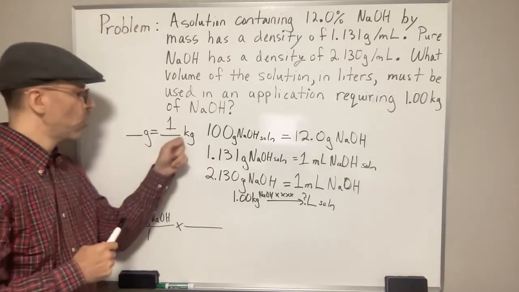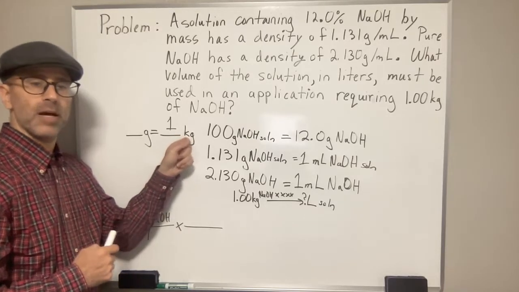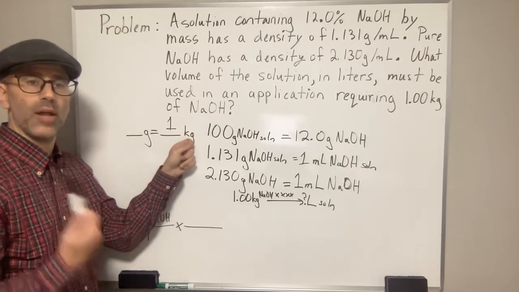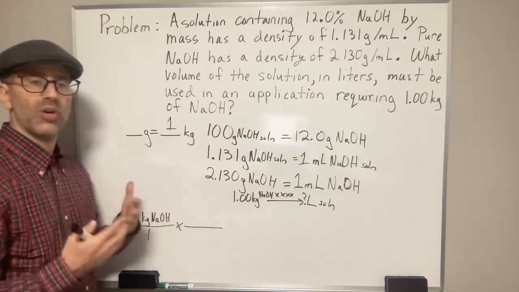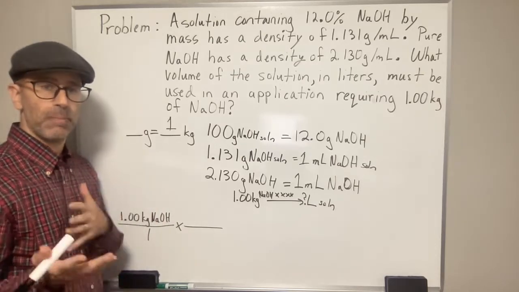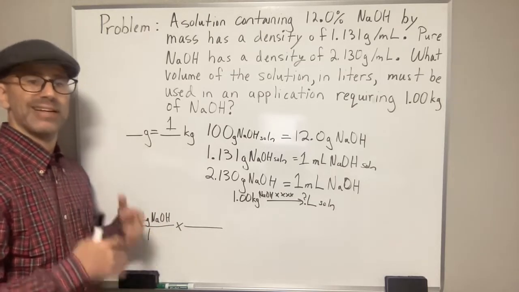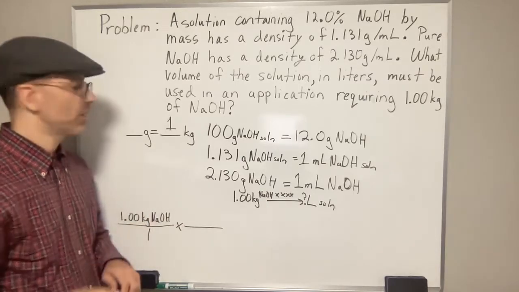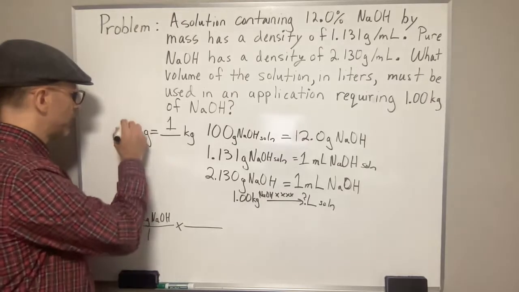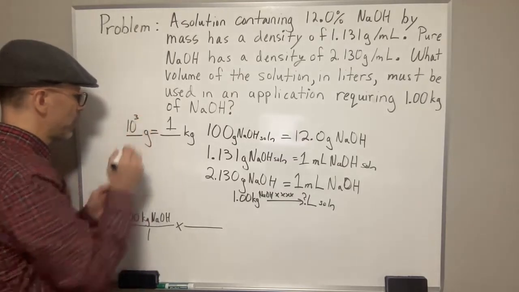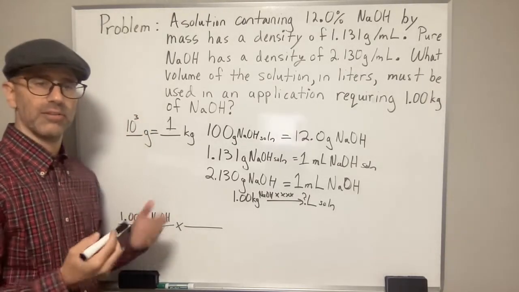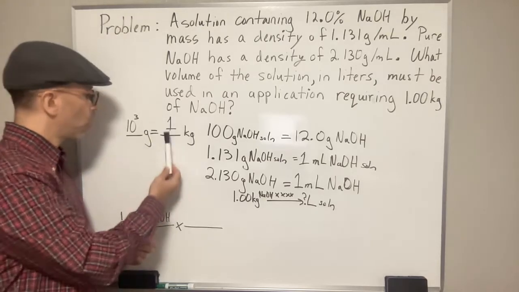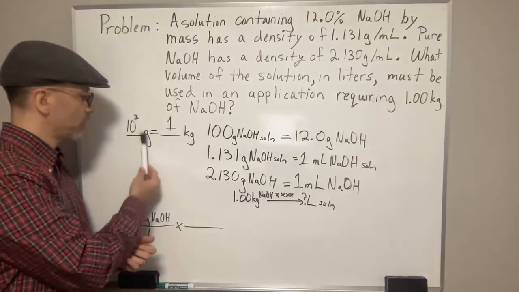So I need to know what kilo stands for. In this case, kilo is 1,000. So 1,000 of that particular base unit. So I'm going to put 10 to the third here. 10 to the third is the same as 1,000. So 1 kilogram is equal to 10 to the third grams.